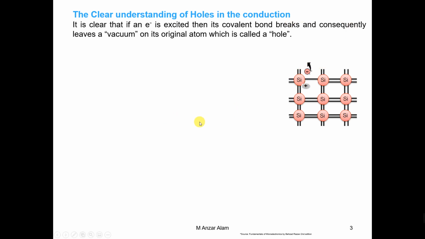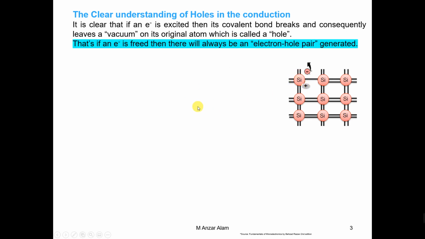That's why it is said vacuum. If the electron is removed, there will be a vacuum or a void on its original parent atom. This is called a hole. This atom will have positive charge. If an electron is freed, there will always be an electron hole pair generated.